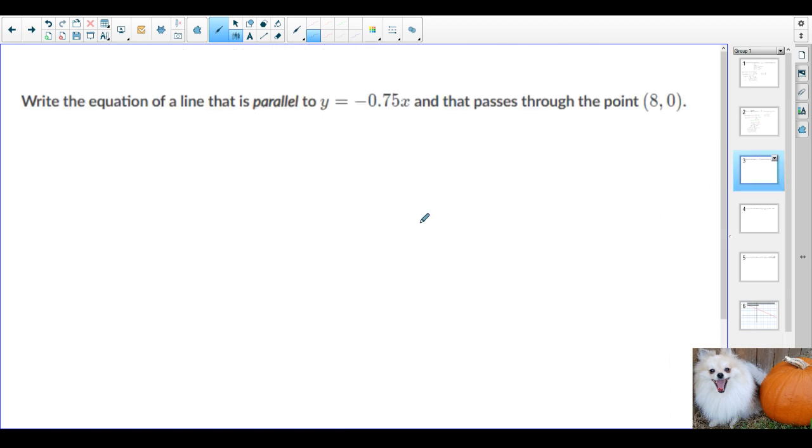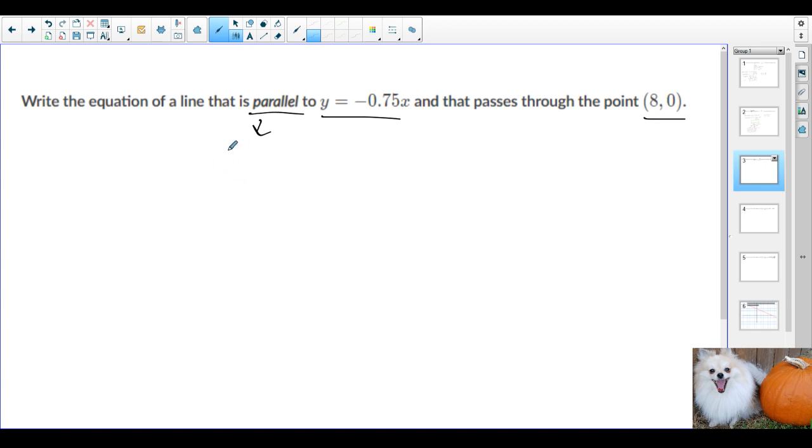Okay, moving on. Hope that was right. All right, this one's even easier. Write an equation parallel to this line that goes through this point. Well, if I made a mistake, you let me know in chat. You tell me where I made a mistake, I'll fix it. Pinky promise. Okay. 7/2. What about 7/2? That wasn't wrong.